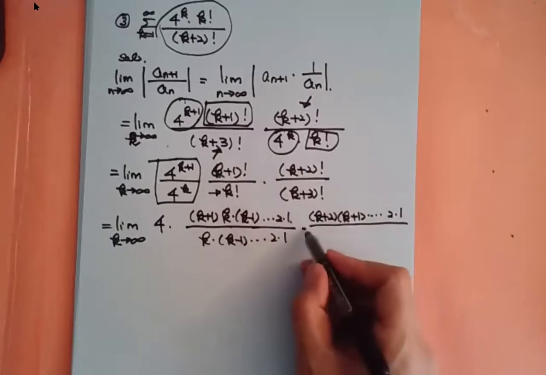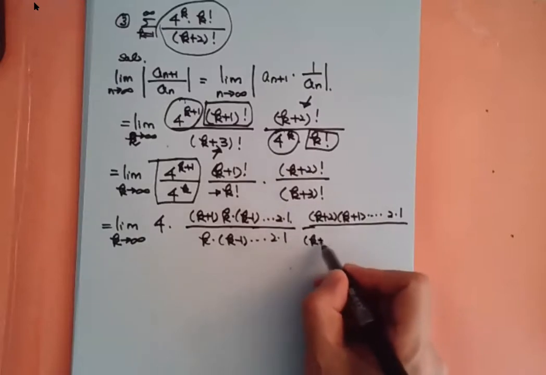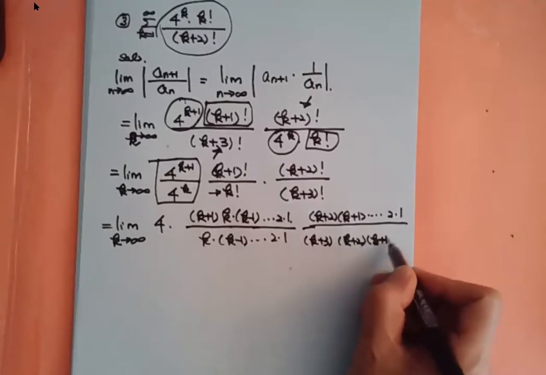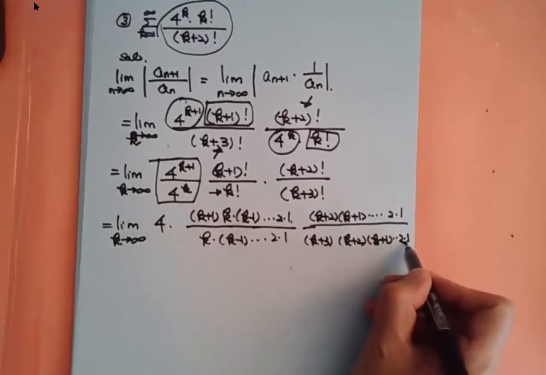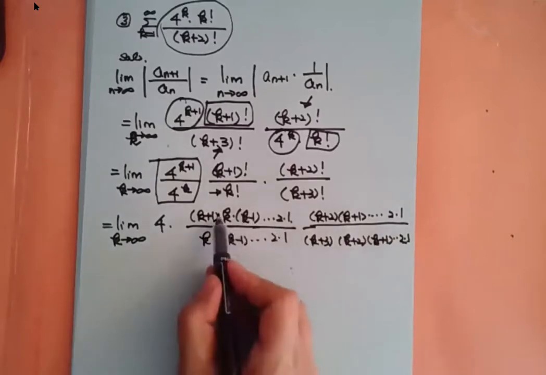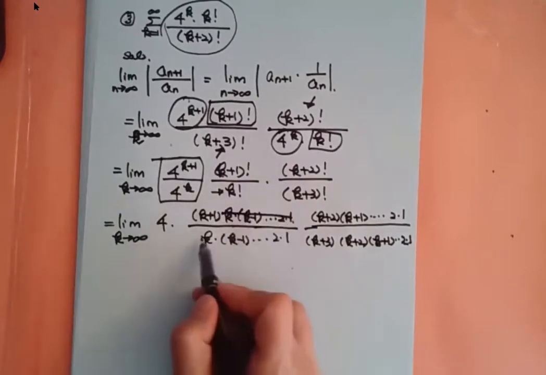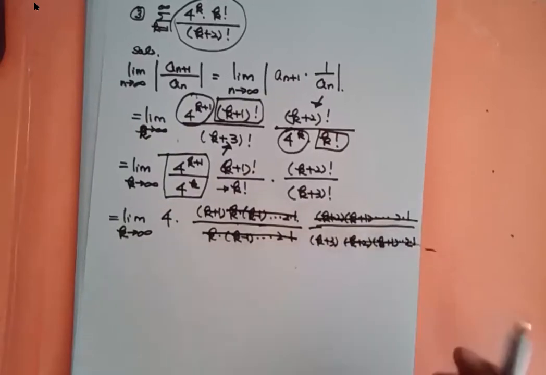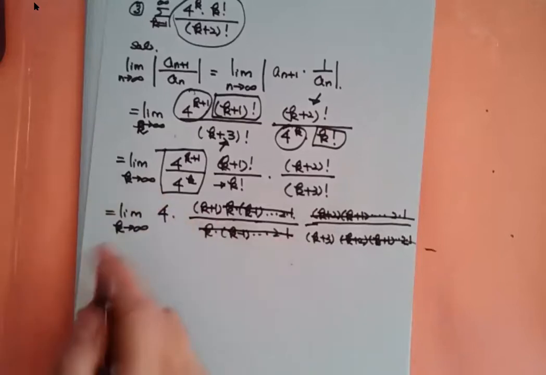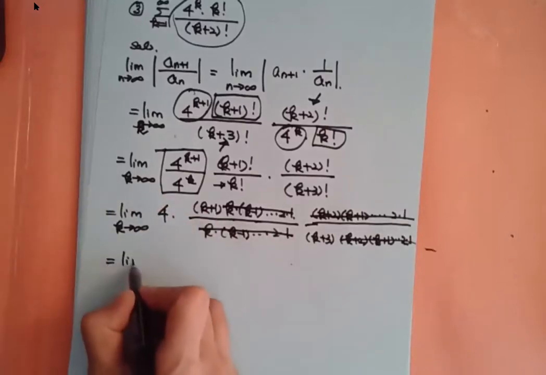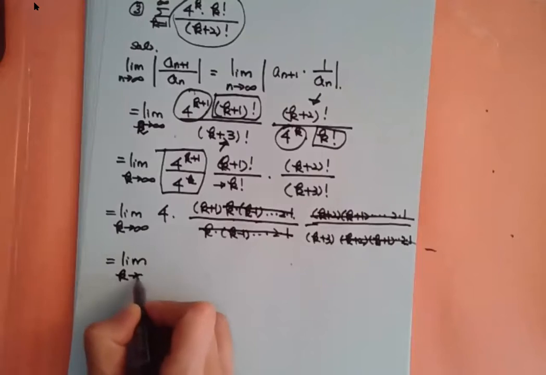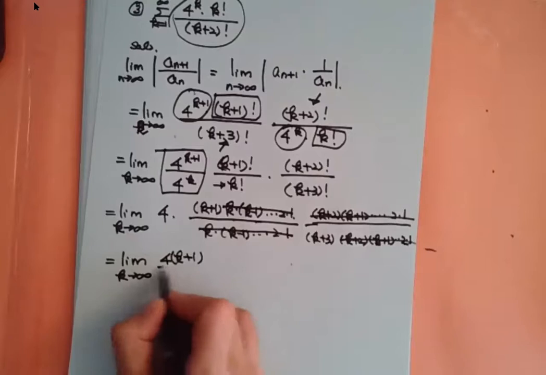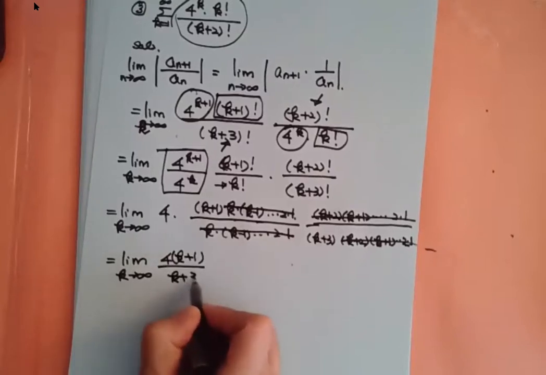And this one is k plus 3, k plus 2, and k plus 1, down to 2 times 1. So essentially all those things will cancel each other. What we get is limit as k goes to infinity of (k plus 1) over (k plus 3).